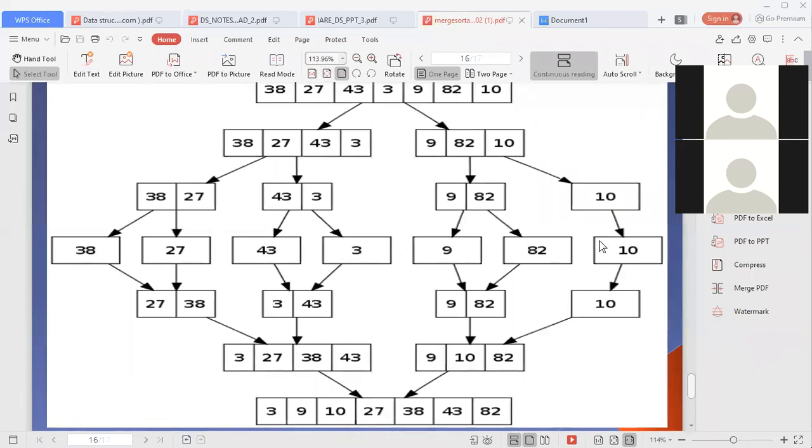So this is up to division, and this is conquer, and this is combine. Division up to here, these two steps are for conquer, and this is for combine.